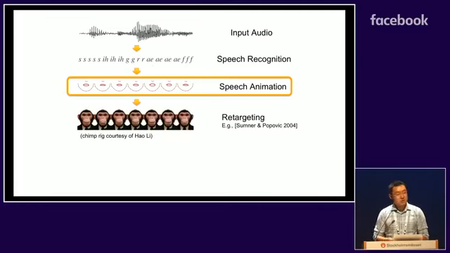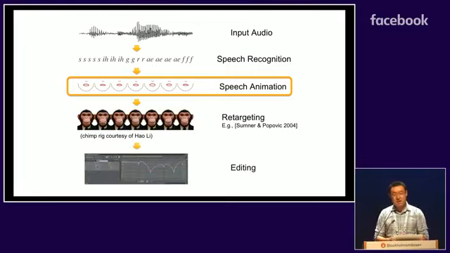And then you can use standard computer graphics techniques to retarget from our intermediate face representation to any animated character. And then you import that animation to editing tools such as Maya, and then the animation artist can inject low-frequency edits such as smiling on top of the high-frequency animation of the lip syncing, which is at 30 hertz. So that's basically how it works.